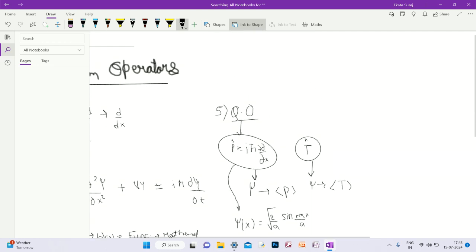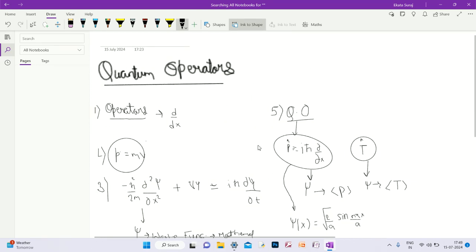So in this video we tried to explain the small concept called quantum operators, what exactly quantum operators are. But remember, quantum operators are not the complete set, you also have to understand the expectation value.